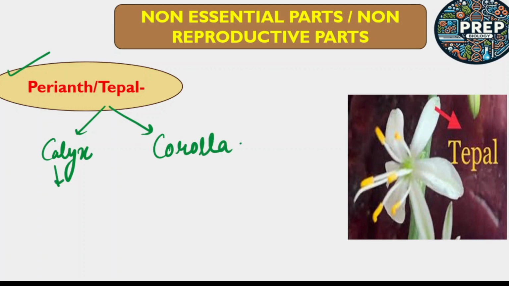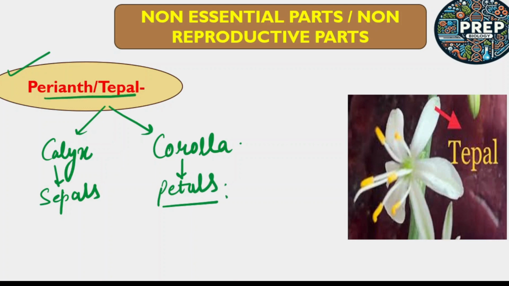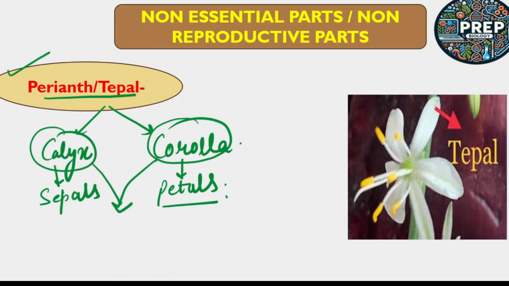The calyx is a group of sepals, and the corolla is a group of petals. When the calyx and corolla are fused with each other, so that they are not distinguishable from each other, that part is called the perianth.